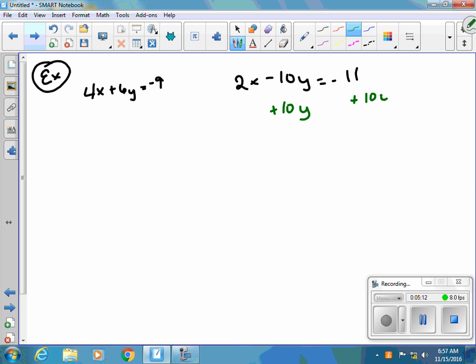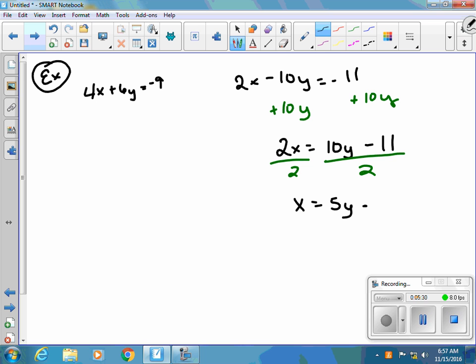So I'm going to add the 10y over. I've got now 2x equals 10y minus 11. I'm going to divide every component by 2. So x equals 5y minus, like I said, I'm just going to change this to a decimal, 5.5.